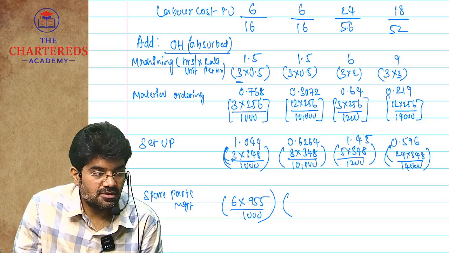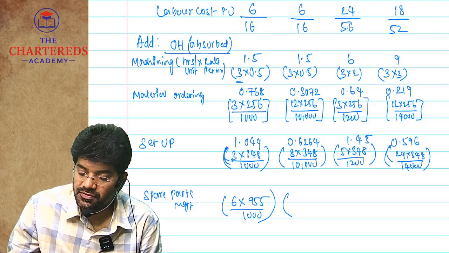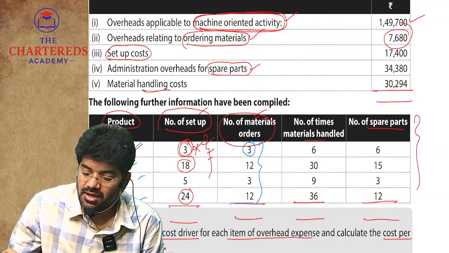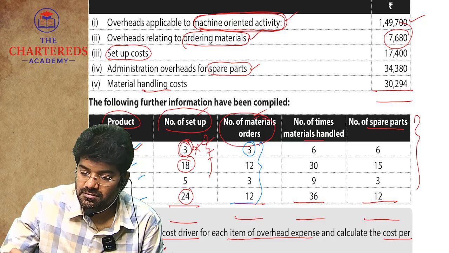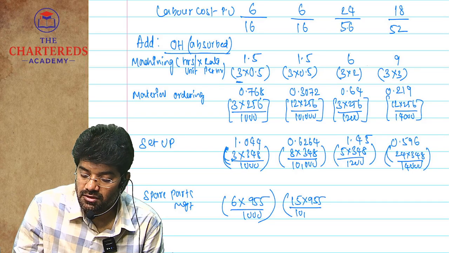Next, 15. How many spare parts were handled is 15. 15 into 955 divided by 10,000.